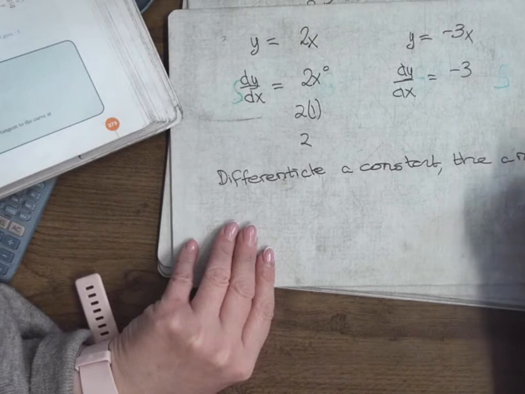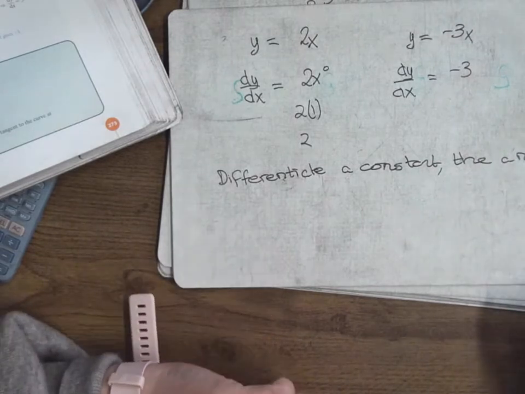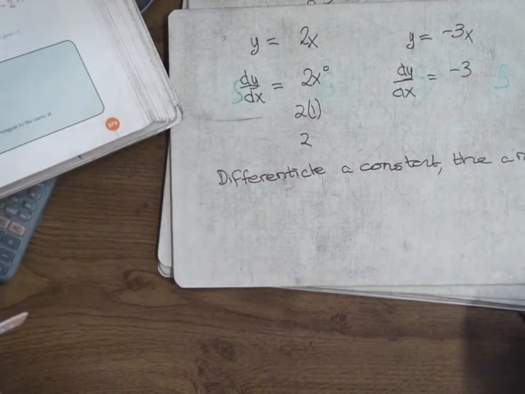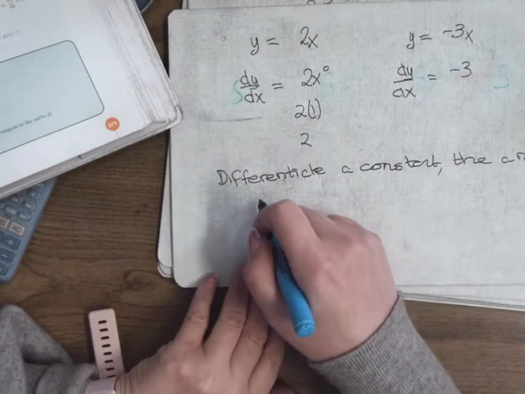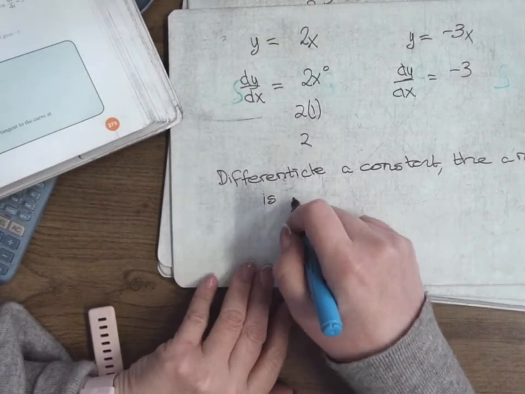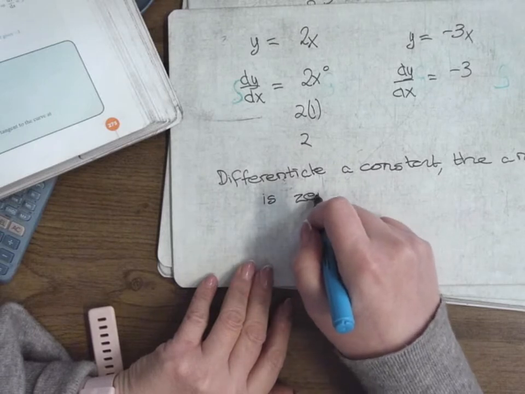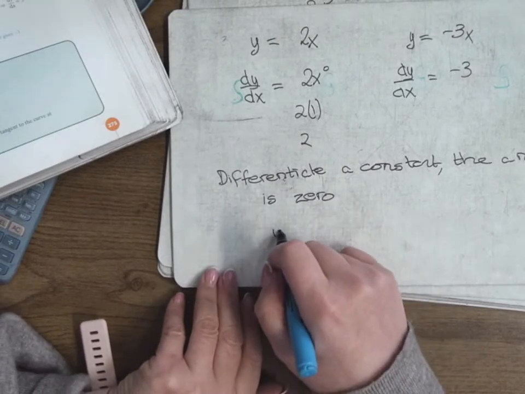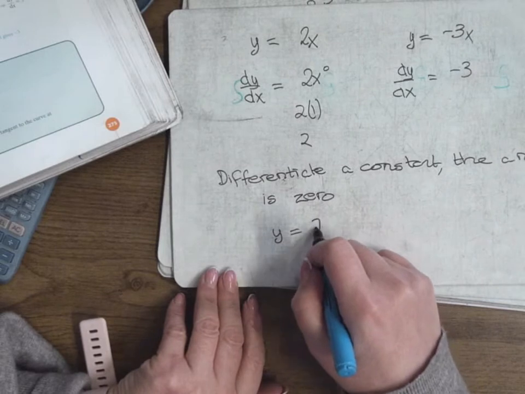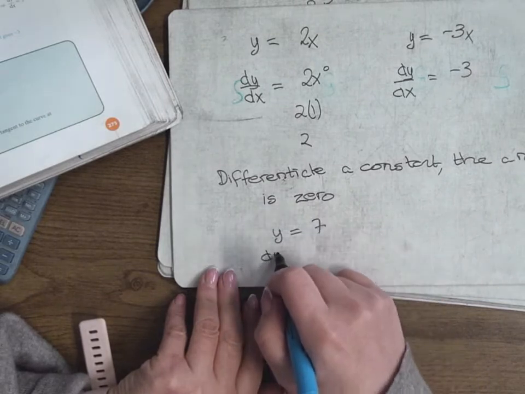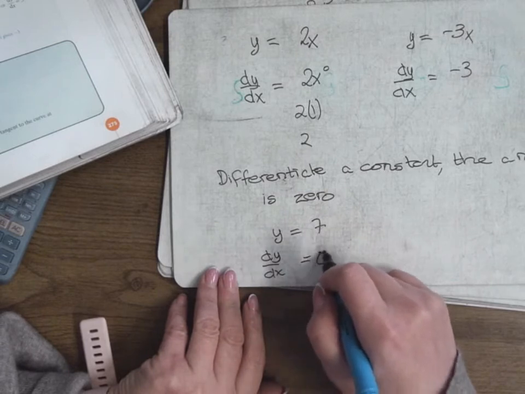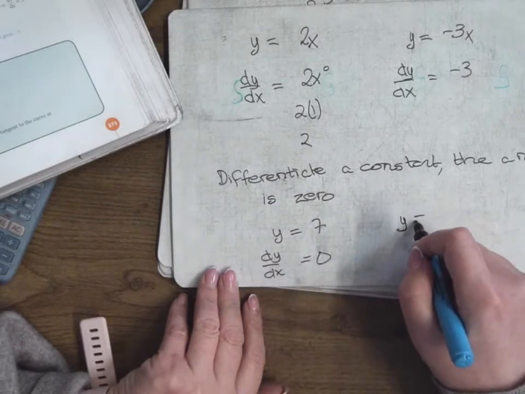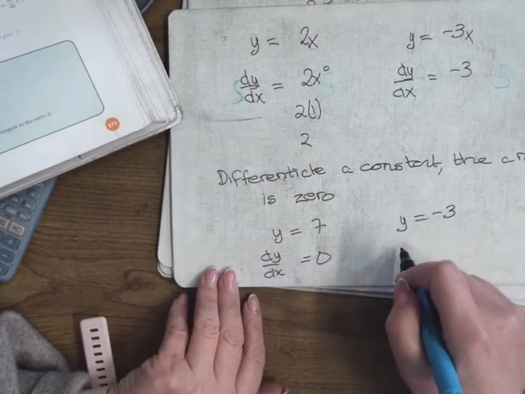If it's got an x in it, it's a variable, as in it can change depending on the value of x. But a constant has no x in it. So if you differentiate a constant, you get 0. So if you have y is equal to 7, differentiate it, what do you get? 0. Right? If you had y is equal to minus 3, differentiate it, what do you get?